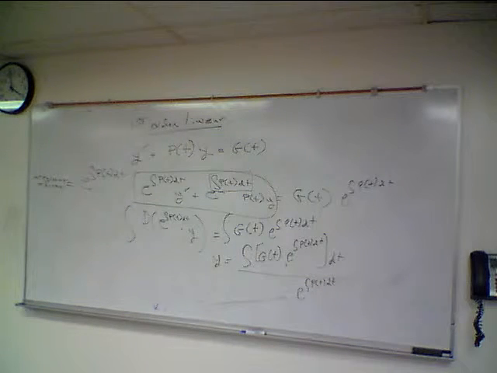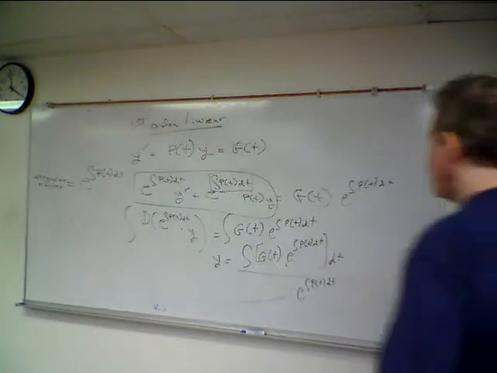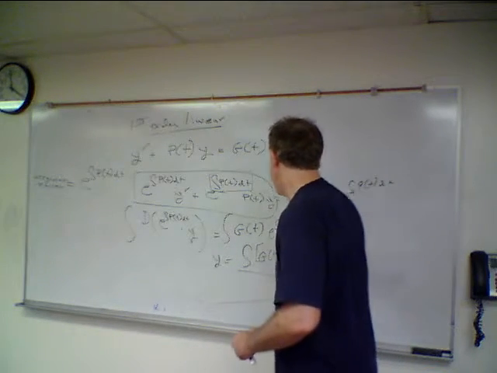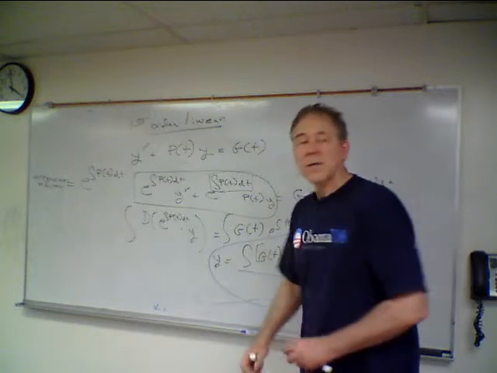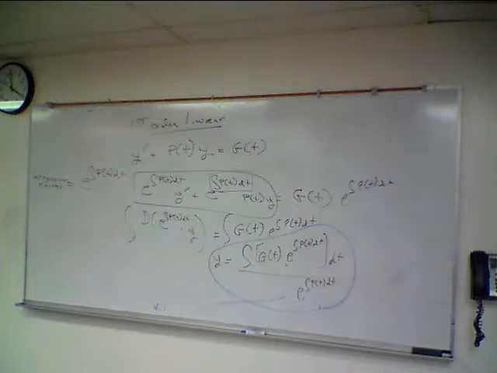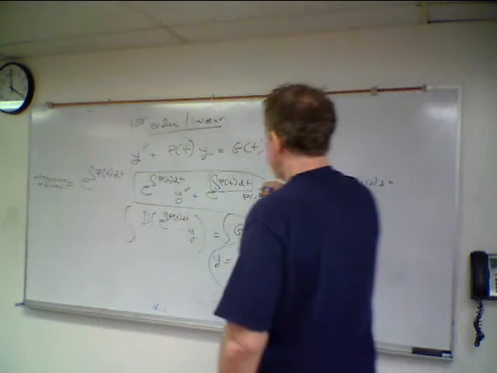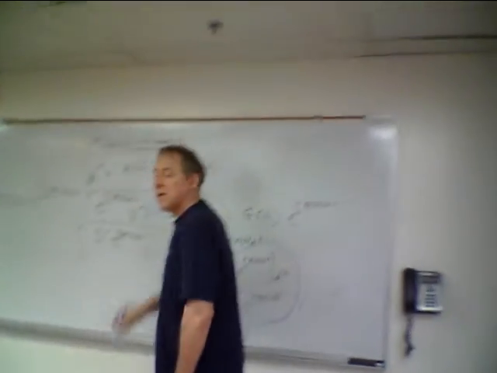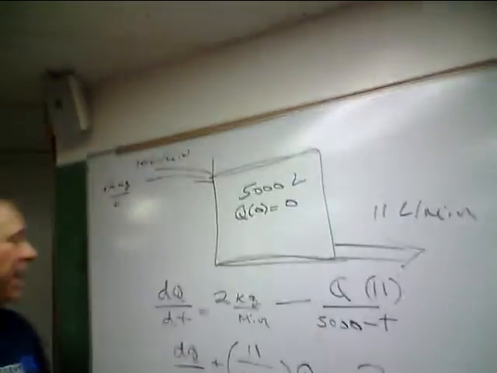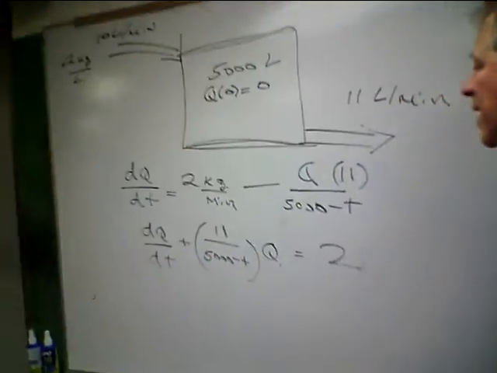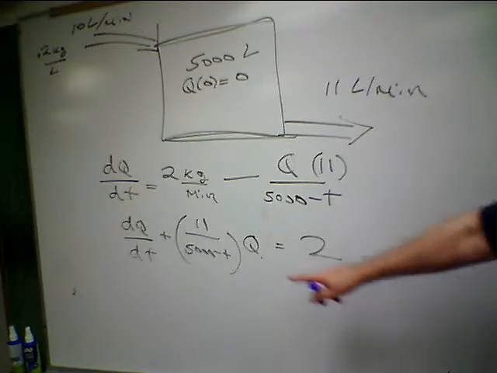So to solve this, here's what we're going to do. This is the solution. Now the theory is based on plus. And here you have a plus, so we're okay.